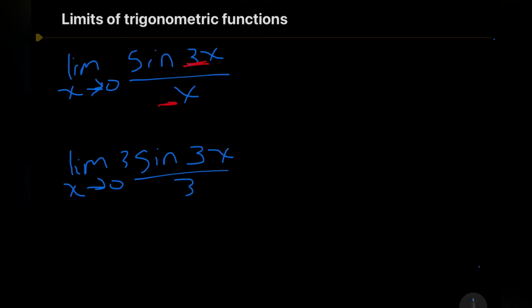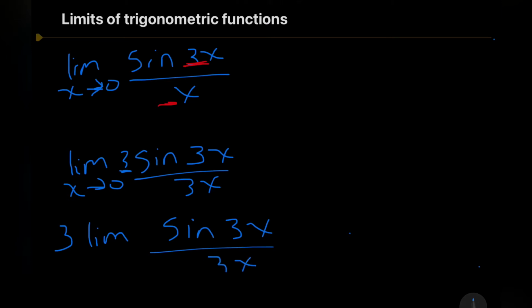Now we can factor out this 3 because it's a constant multiplying the function. By the way, there should be an x right here. So when we factor out that 3, we would have 3 times the limit of sine 3x over 3x as x approaches 0.